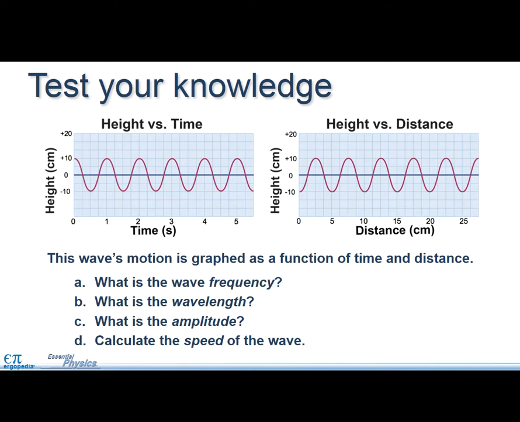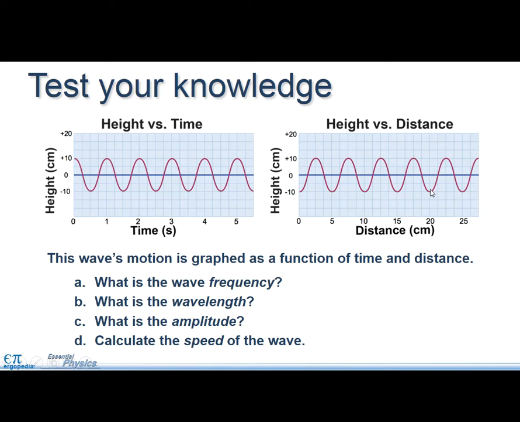So hopefully you've been able to put together some of the ideas that we've been discussing so far. One is that the height of a wave versus time is shown, and then the height of a wave versus distance is shown. So I want you to get familiar with these concepts: a wave that's propagating, I could show both as a snapshot, where I am actually taking a picture of this wave.